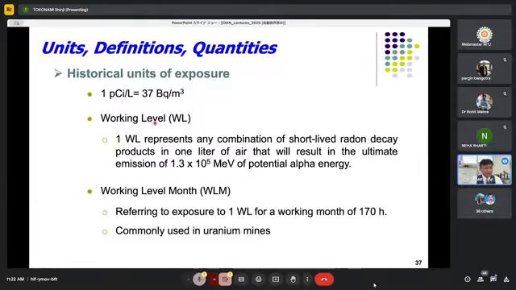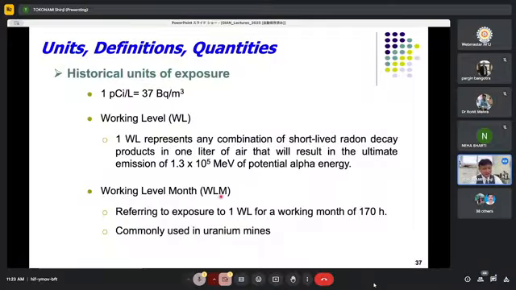Here is a special unit, working level. 1 working level represents any combination of short-lived radon decay products in 1 liter of air that will result in the ultimate emission of 1.3 times 10 to the 5th MeV of potential alpha energy.